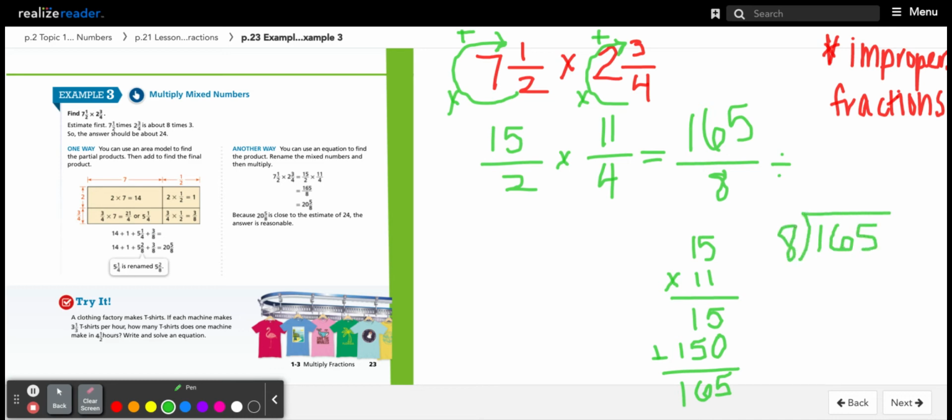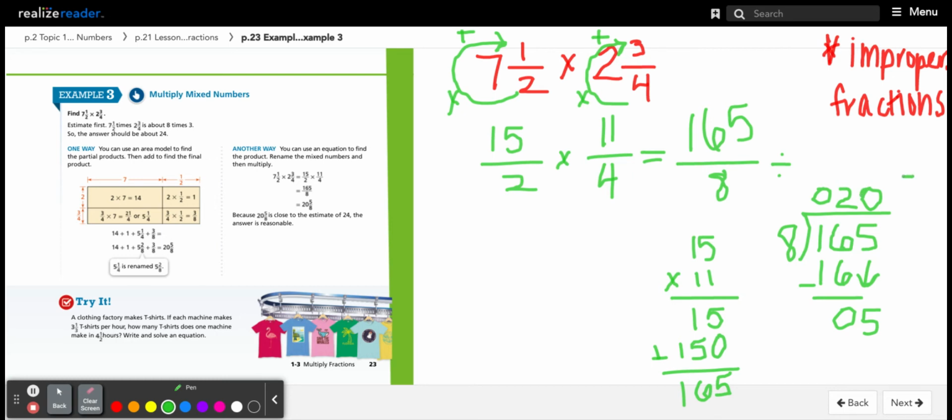Okay, so how many times does 8 go into 1? 0. How many times does 8 go into 16? Twice. 2 times 8 is 16. I subtract, I get 0, bring down the 5. How many times does 8 go into 5? 0. So that's it. My 5 is going to be my remainder here.